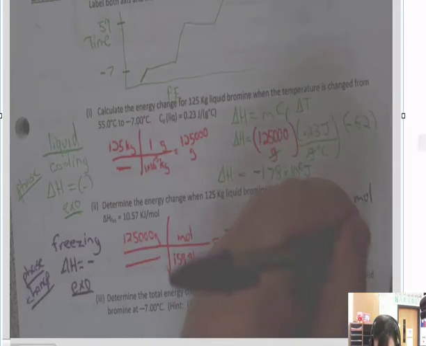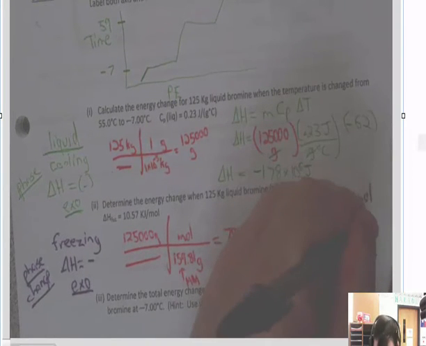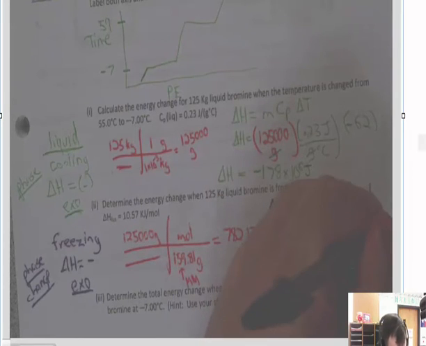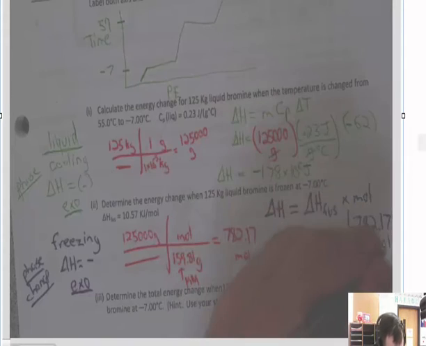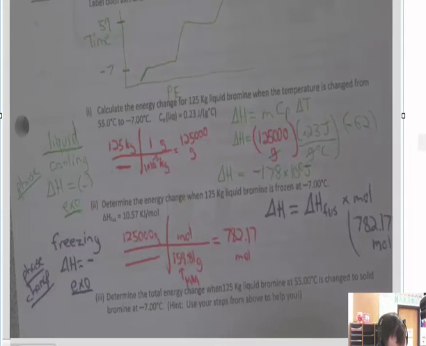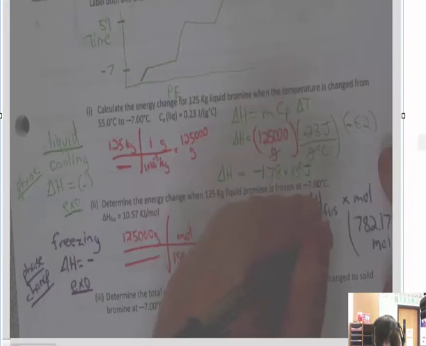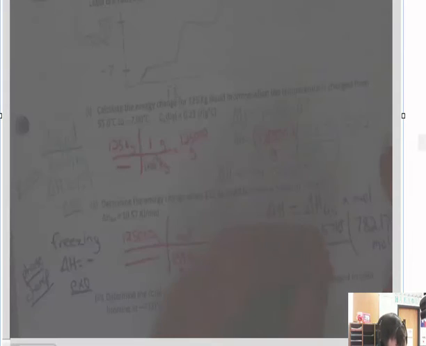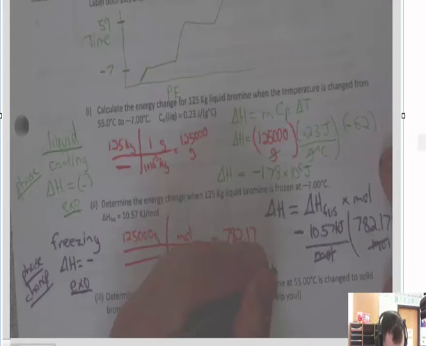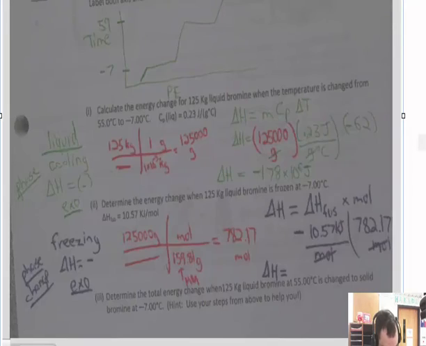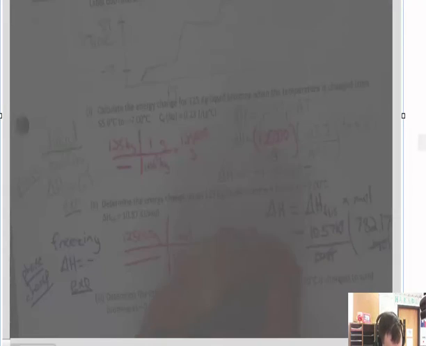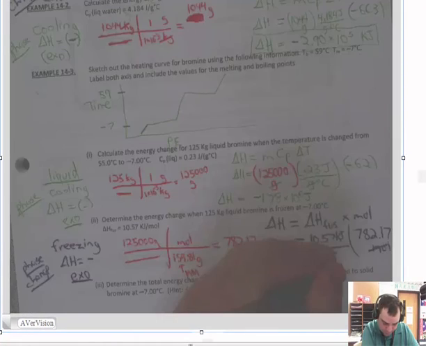That's going to go here. And I'm going to multiply that times the heat of fusion. Now this is negative because we're freezing, so this is 10.57 kJ per mole. And moles cancel, and delta H is equal to negative 8270 kilojoules.